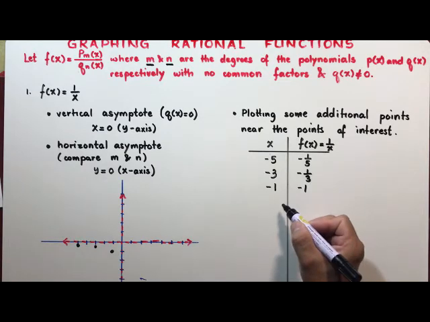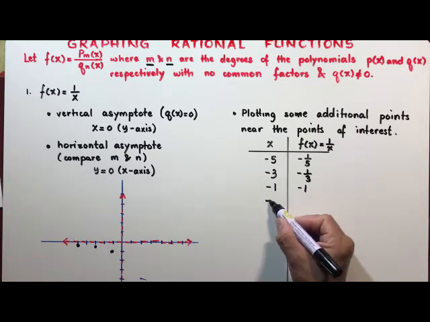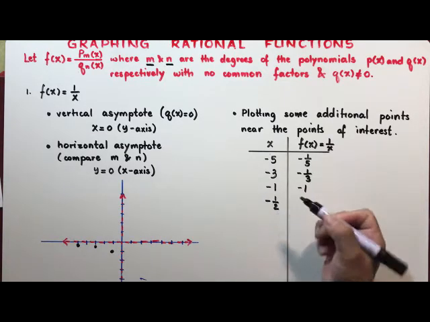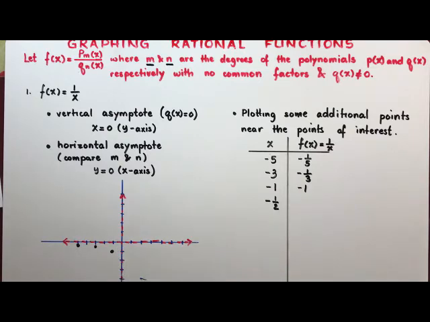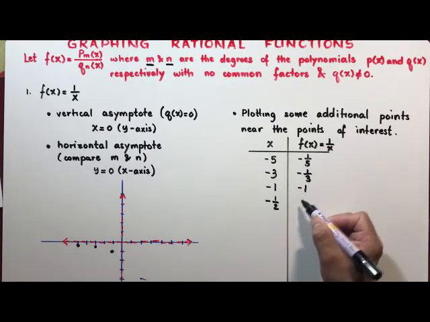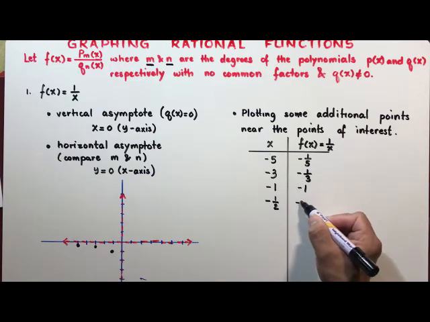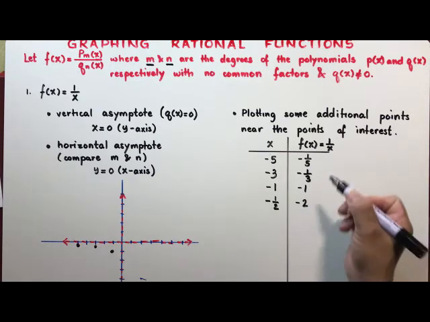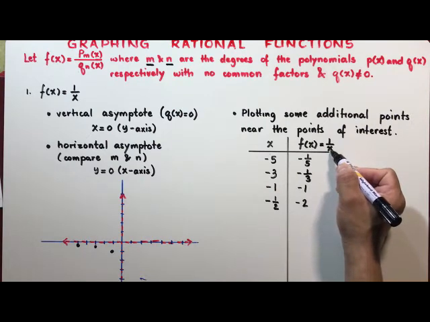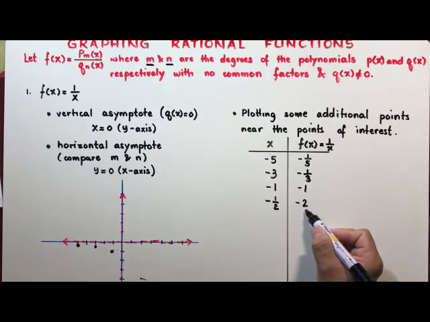But if your x is negative 1/2, closer to the vertical asymptote, let's try. If you substitute it here, that becomes negative 2, because 1 divided by negative 1/2 is negative 2.